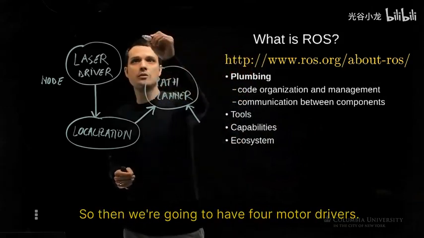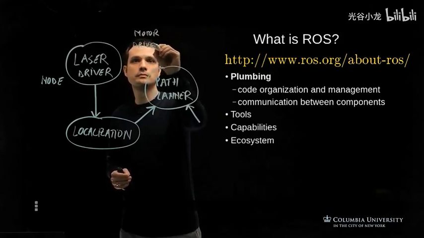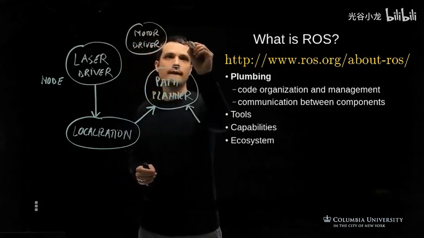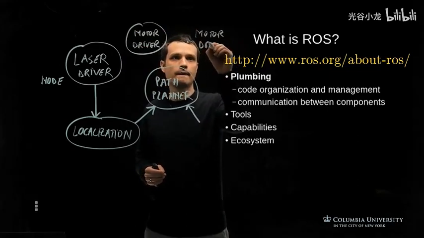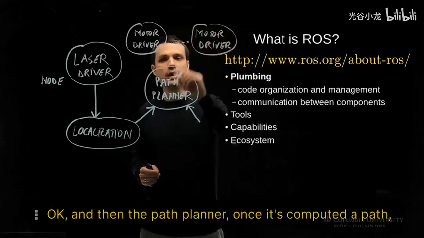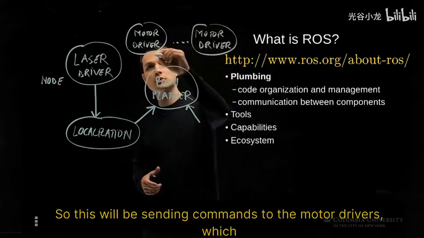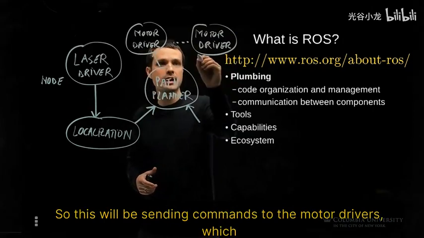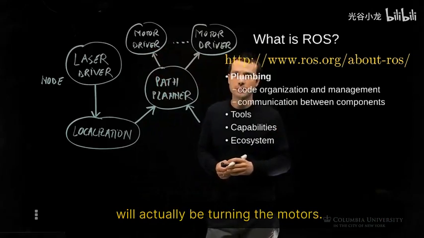So then we're going to have 4 motor drivers. Once the path planner has computed a path, that path needs to be executed, so it will be sending commands to the motor drivers, which will actually be turning the motors, right?